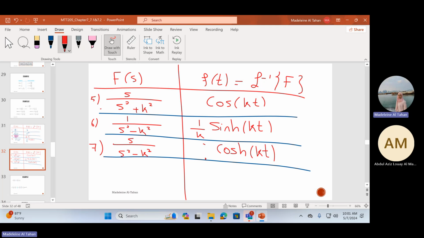Please write the table, go through it again, so that we can start with direct application of it, and then we start increasing the levels of the inverse problems.